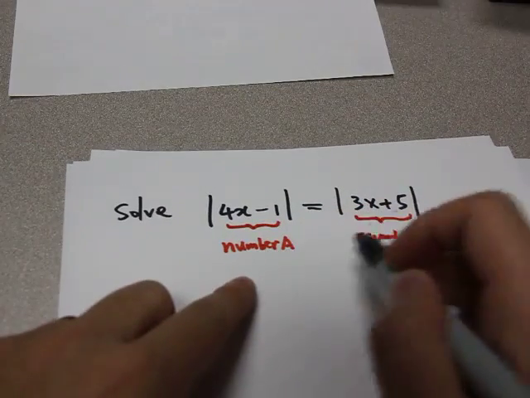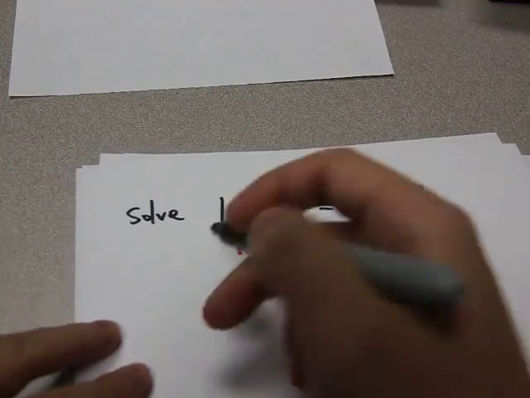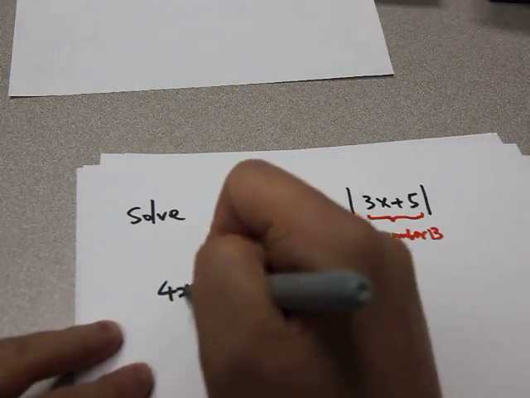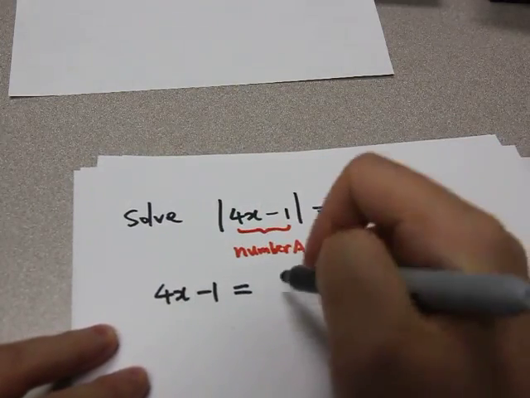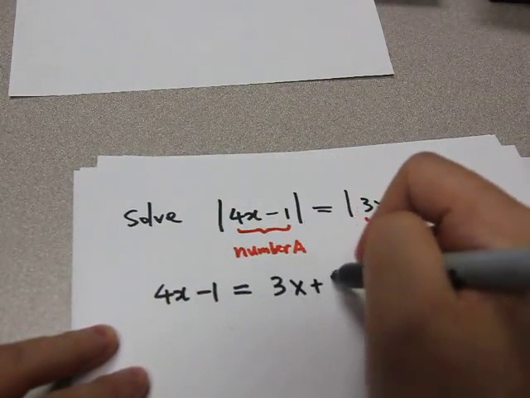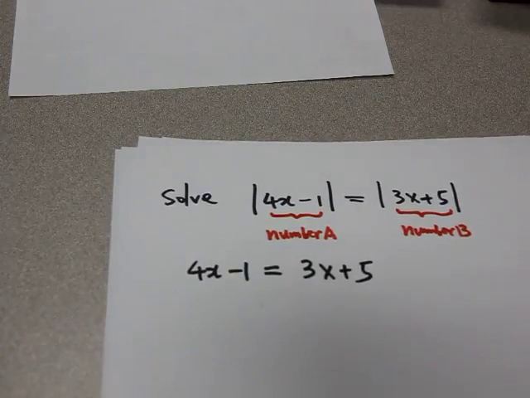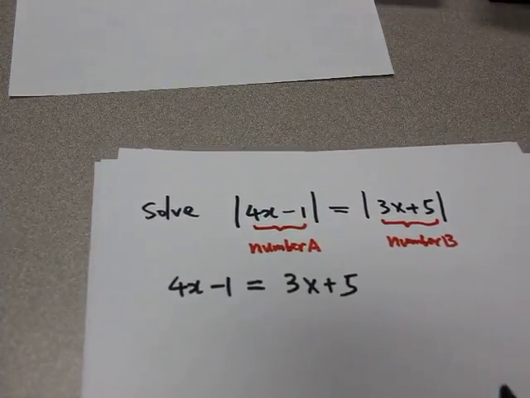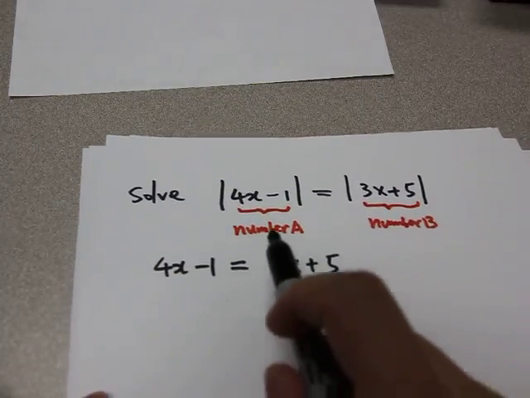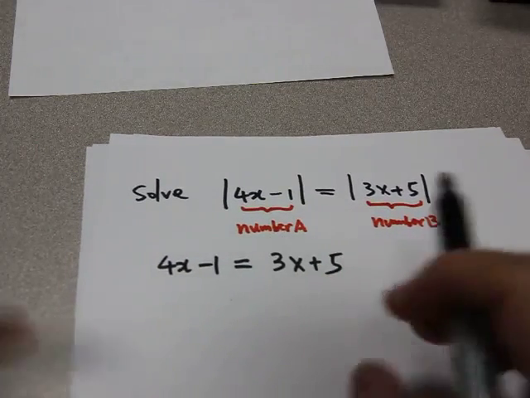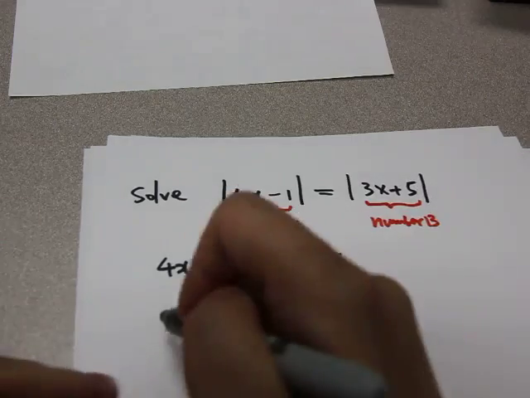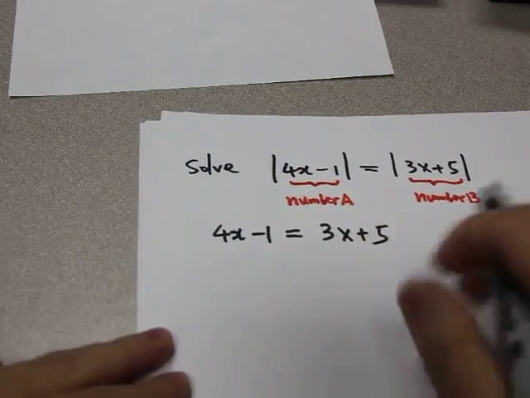One is these two numbers are the same. If they are the same, that means 4x minus 1 is going to be equal to 3x plus 5, right? So we get one equation. Another possibility is these two numbers are opposite, right? Then how to show that they are opposite?